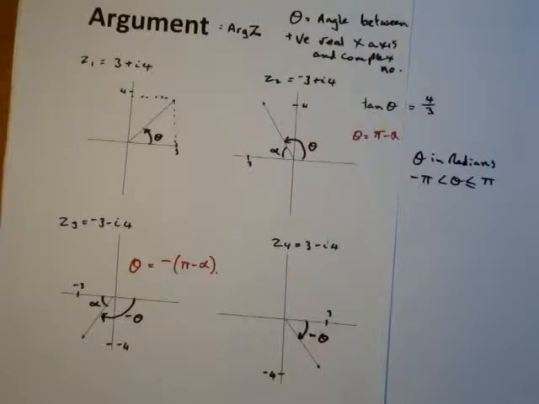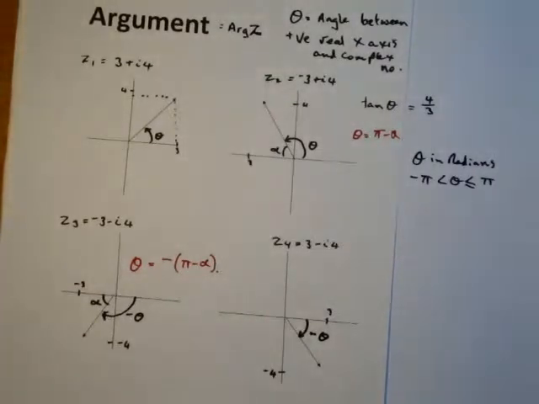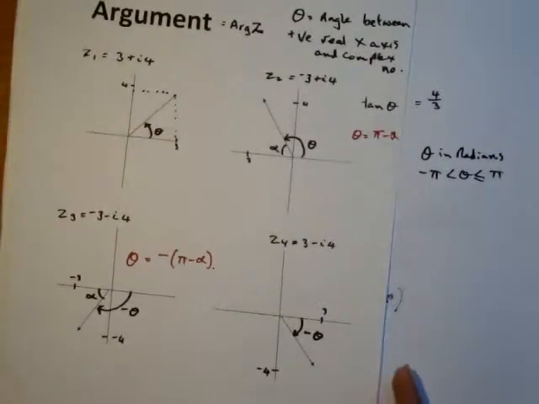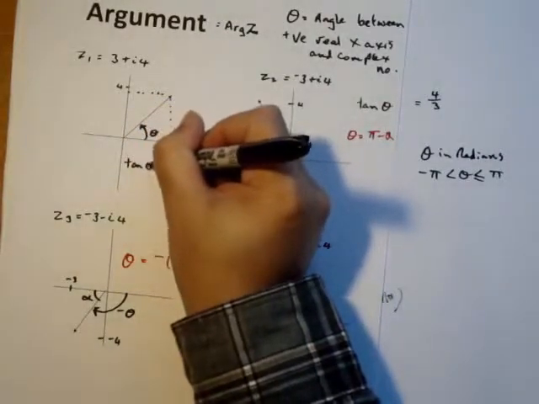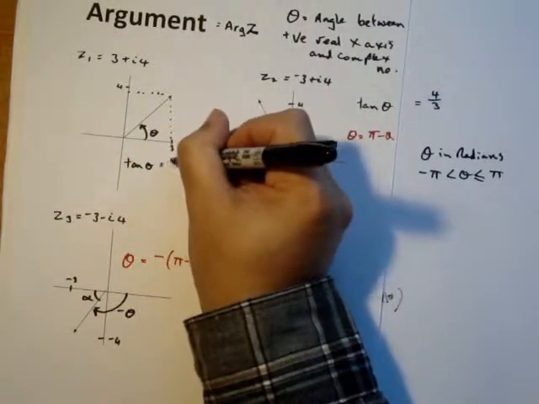So let's have a look at these complex numbers. Let's find out arg z. So first of all, here tan theta would be 4 over 3.